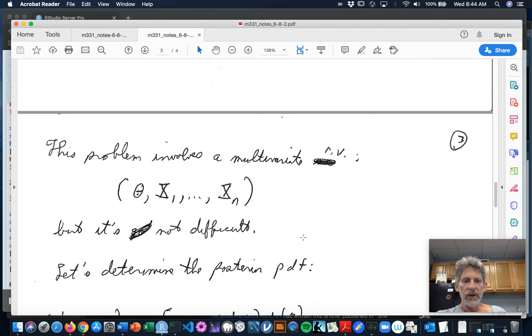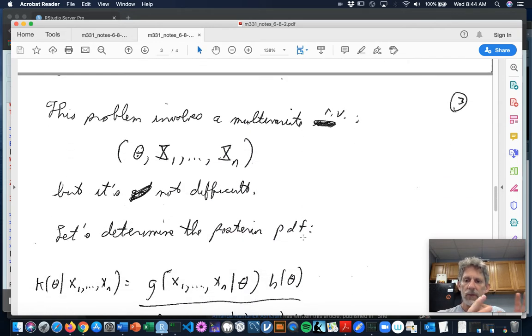So you can see that this problem involves a multivariate random variable. Instead of just a bivariate random variable, theta, comma, y as your data, here it's theta, comma, x1 through xn in data pieces. These n data pieces aren't being combined into one piece of data like we did in the previous example.